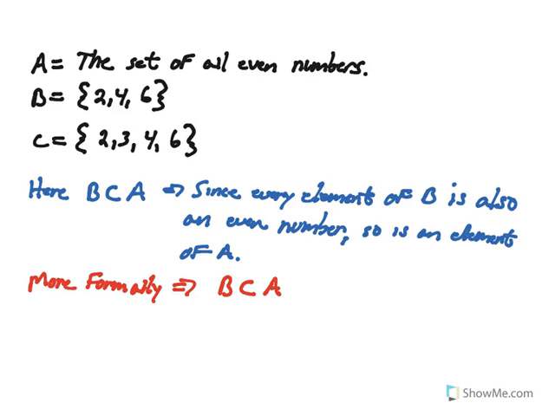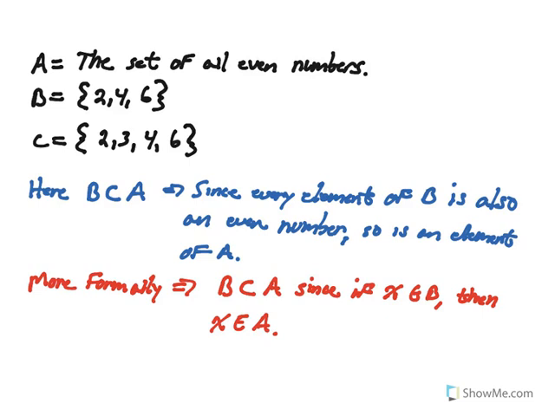Well, it's because if x is an element of B, then x is an element of A. Okay, and so you have B, that's a proper subset of A, because it has fewer elements.